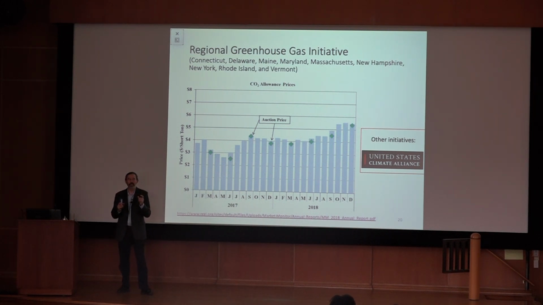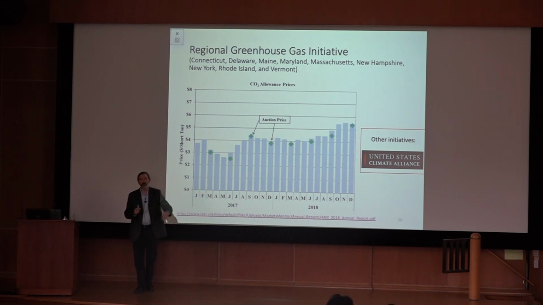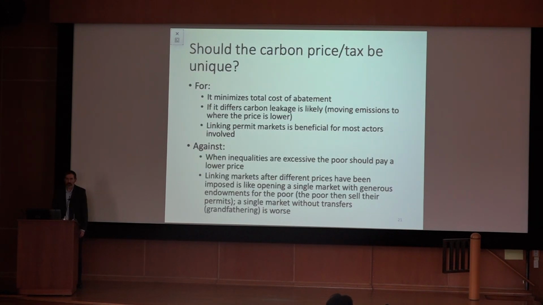The cap and invest idea is that the proceeds of the auctioning of the allowances, the cost of which will be paid by the fossil fuel providers, will be used to invest in clean transportation technologies. So this is what you have here, and you have the price. You see the price is, with all due respect, ridiculous.